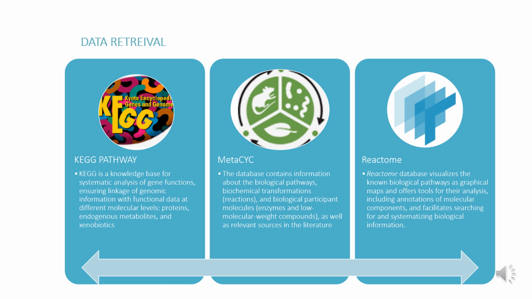The next one is Reactome. This is a web accessible database which visualizes the known biological pathways as graphical maps and offers tools for their analysis, including annotations of molecular components, and facilitates searching for systematizing biological information.